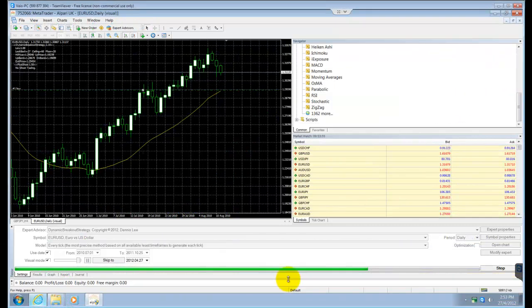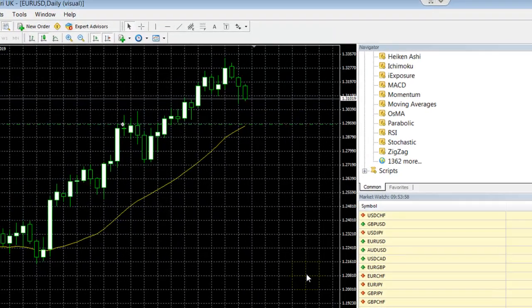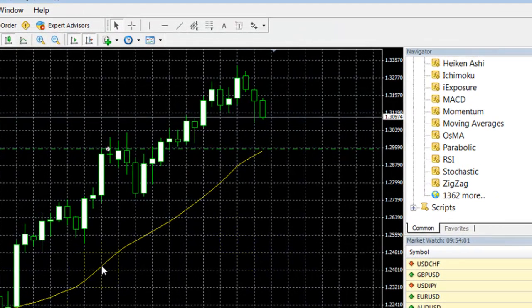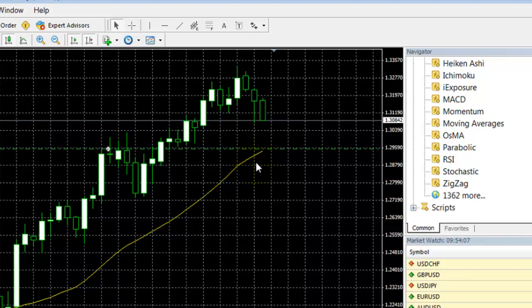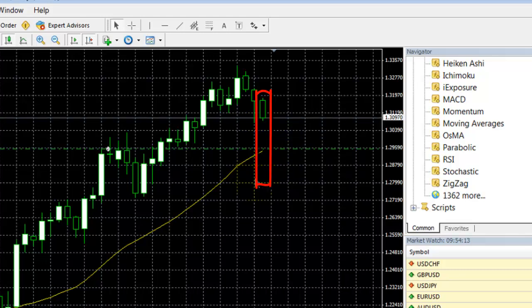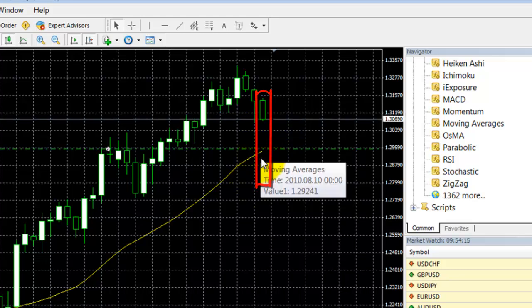From our previous buy example, we will look at how the trade closes. We have drawn a moving average indicator as indicated by the yellow line. When the bid price of the candle closes below the moving average, the trade will close.